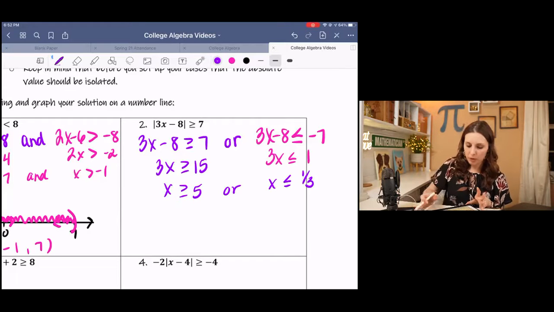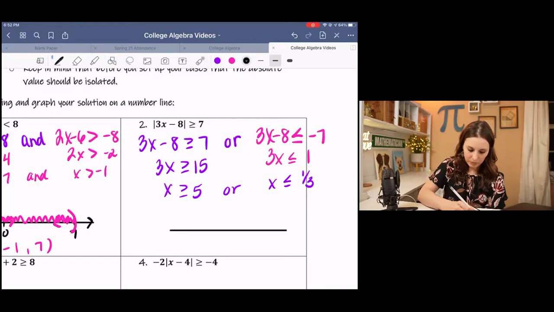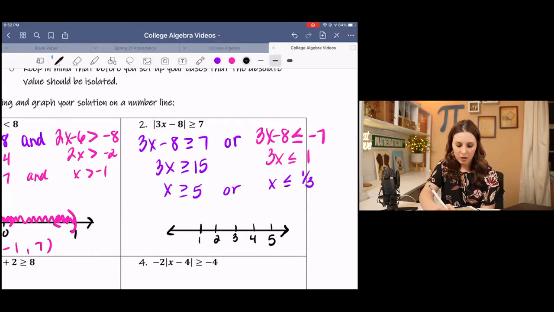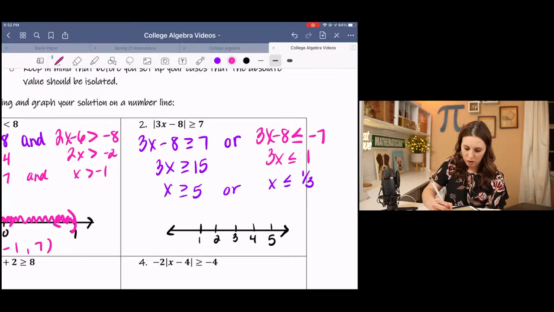Okay, so if we graph those on the same number line, I'm just going to sketch it here. We've got 1, 2, 3, 4, 5. We have a bracket on a third, which is about here, less than or equal to.